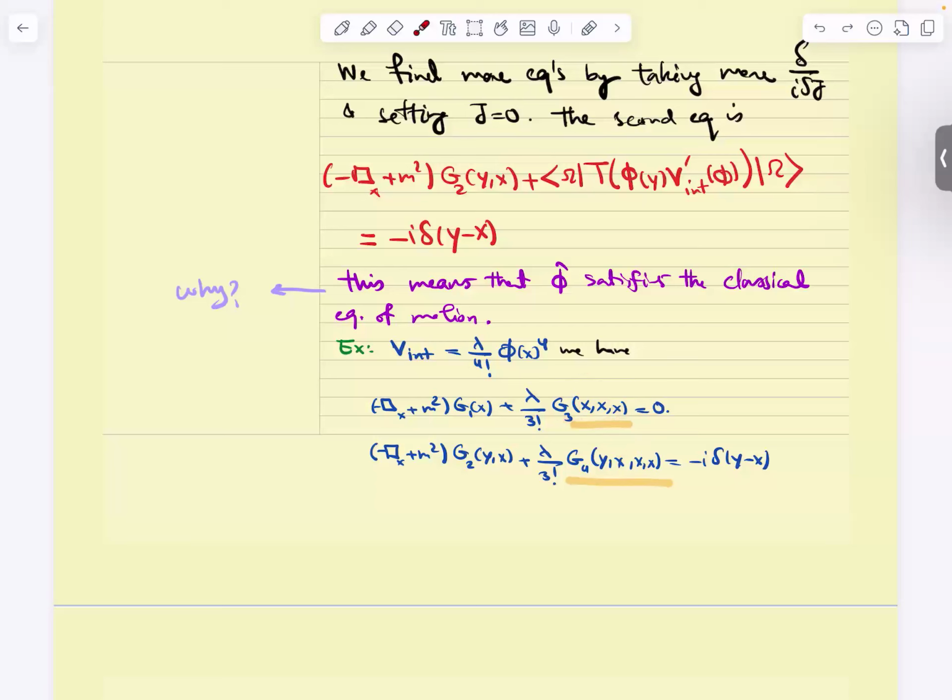Can you tell? This is V prime. What is V? V is lambda times the integral d^4x of phi(x) to the power of 4. Right? So if you take derivatives, you only have phi(x)'s.